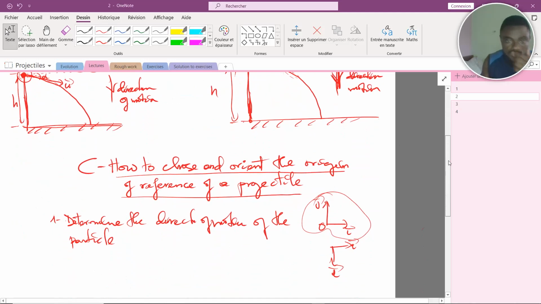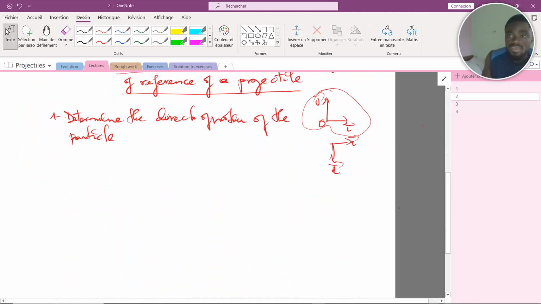Now, you should understand something. In an exercise, if no information is given telling you to take a certain point as the origin of reference, always take as the origin of reference the point where the particle is starting the motion. This is an advice I'm giving you.